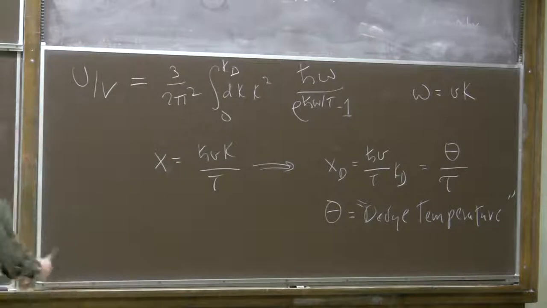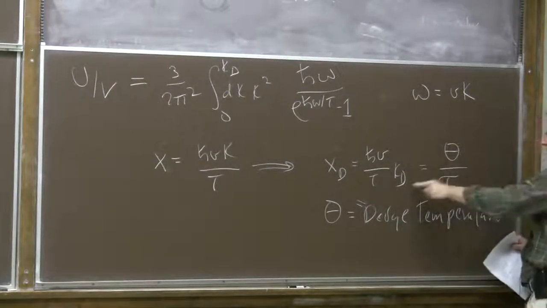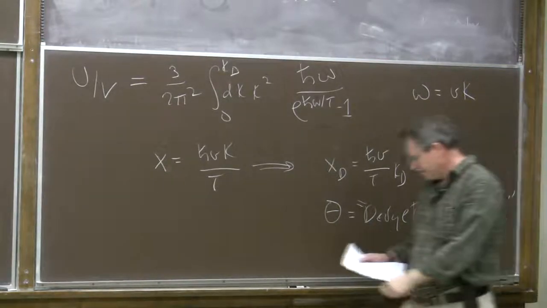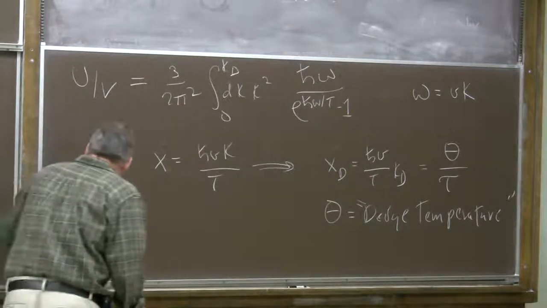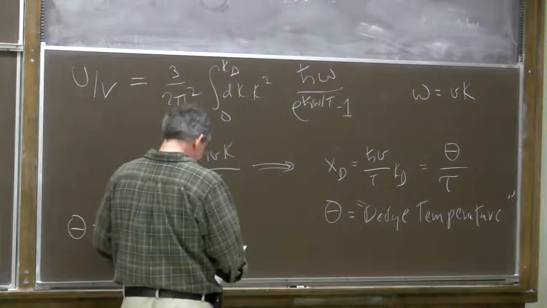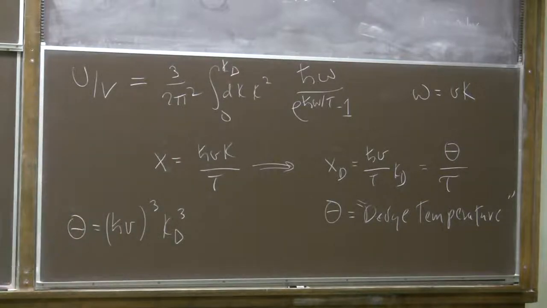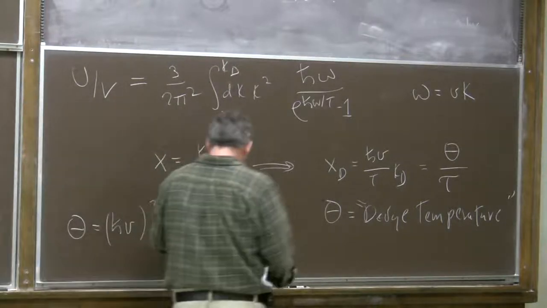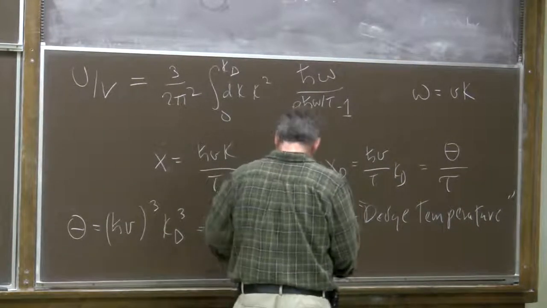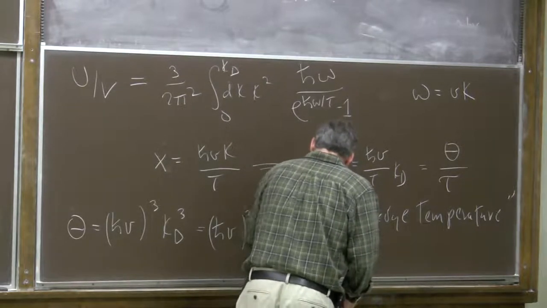And from our expression for k Debye cubed, and this definition of theta, we can see what theta is. It's h bar v cubed times k Debye cubed, which is, since we know what k Debye cubed is, h bar v cubed times 6 pi squared and over v.